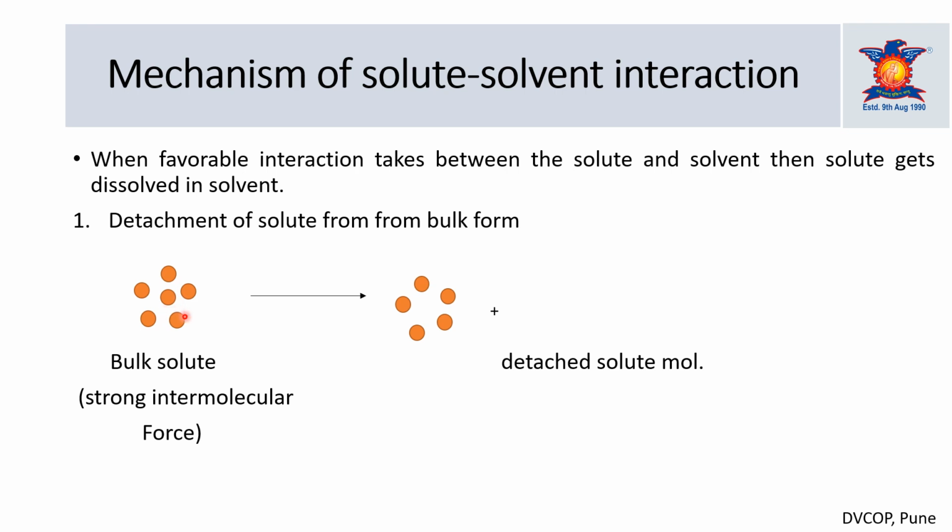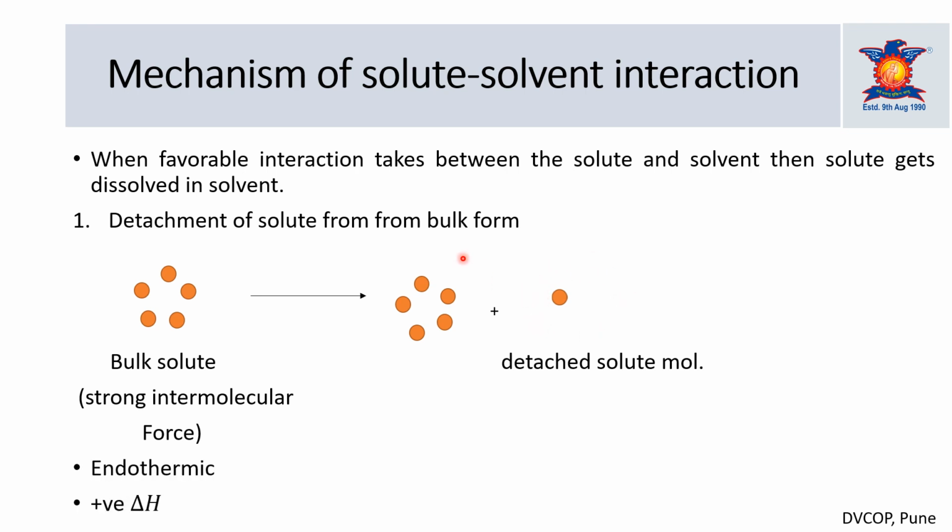It may be in a loose condition, or this strong intermolecular force is converted into a weaker intermolecular force. So here you see how the solute molecule is detached from the bulk form. This is the detachment of a solute from the bulk.